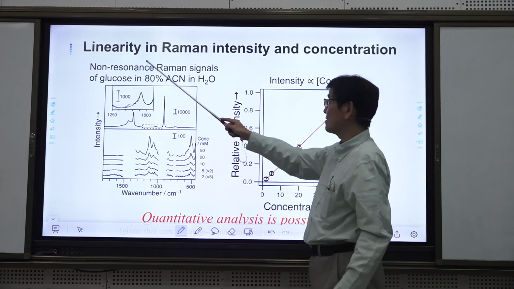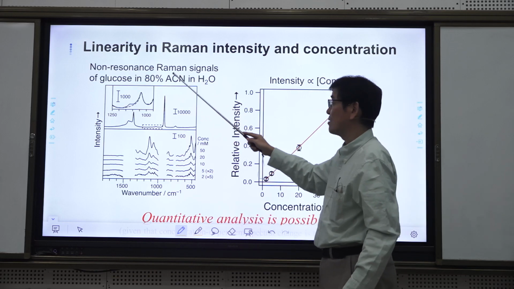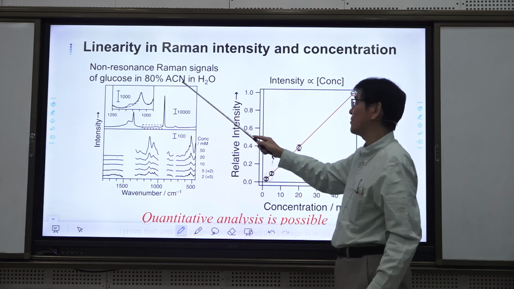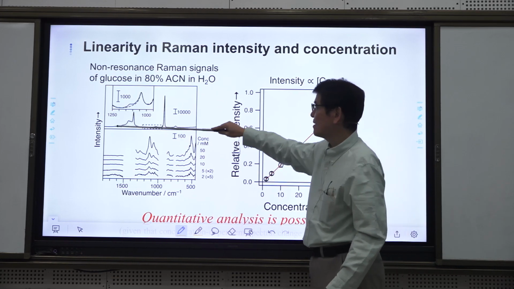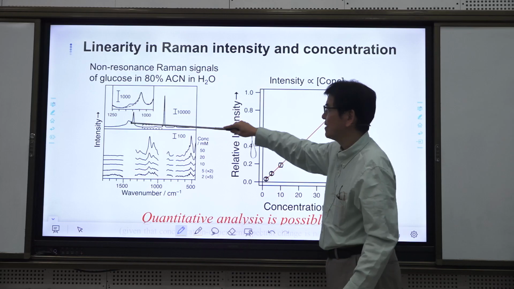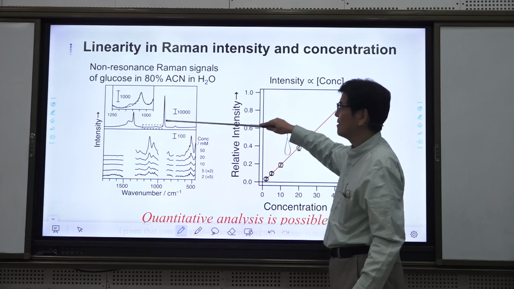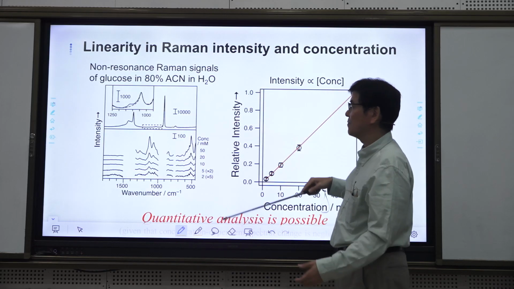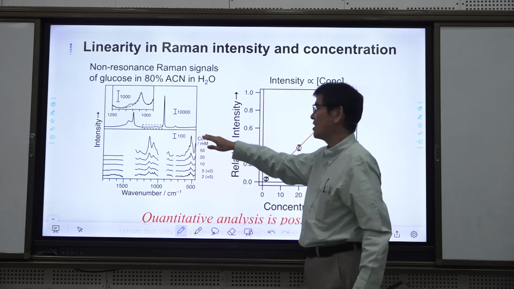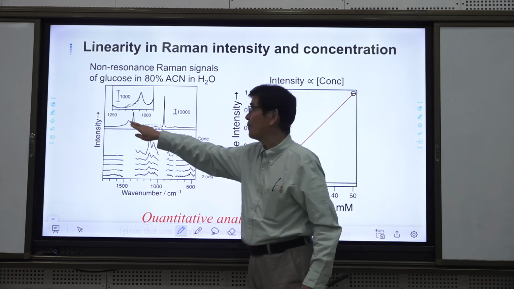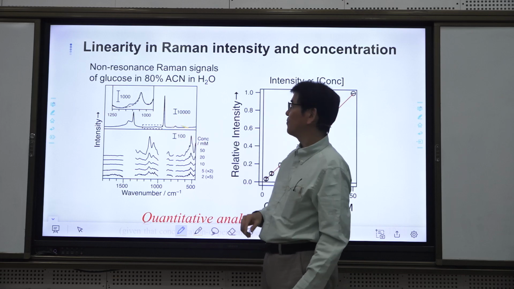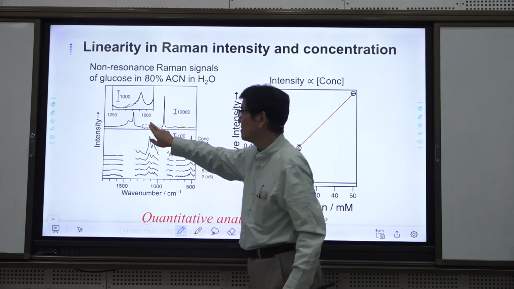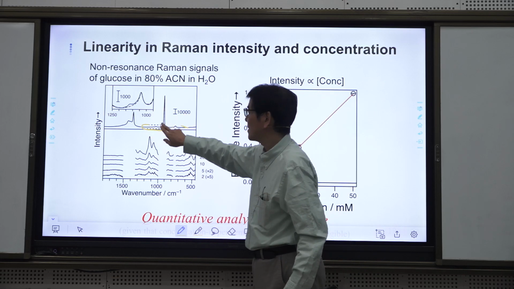So here is an example of non-resonance Raman signal of glucose in 80% acetonitrile in H2O. Okay, the upper figure indicates the spectrum. Probably you cannot see, but there are two spectra overlapping severely. So let's expand this region.